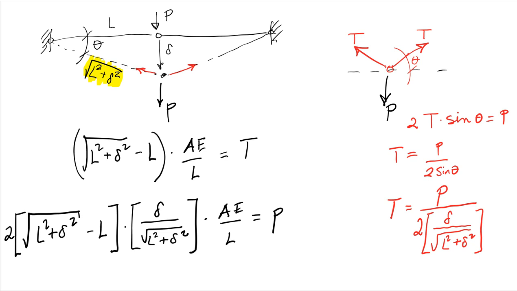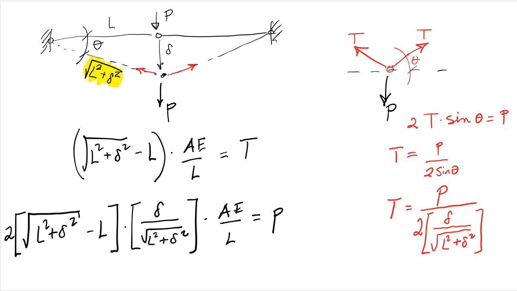Multiply that times AE over L and you get the tensile force that is developed in that member as the catenary deforms and elongates. So now looking here at the top right, we see the free body diagram of the center hinge, and we have the two tensile forces T acting at an angle theta.